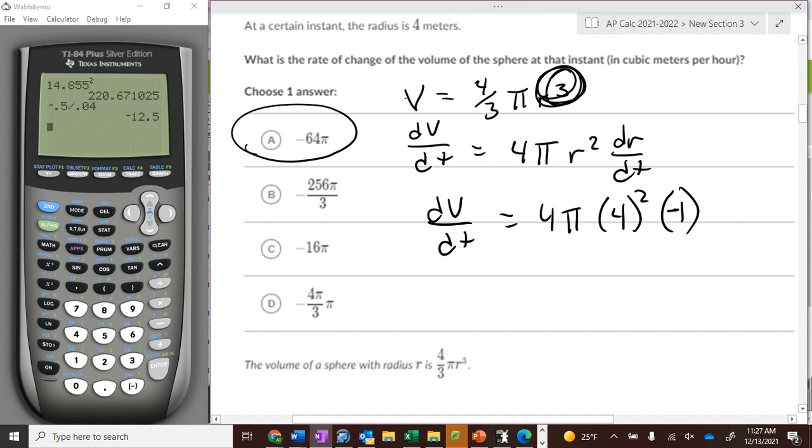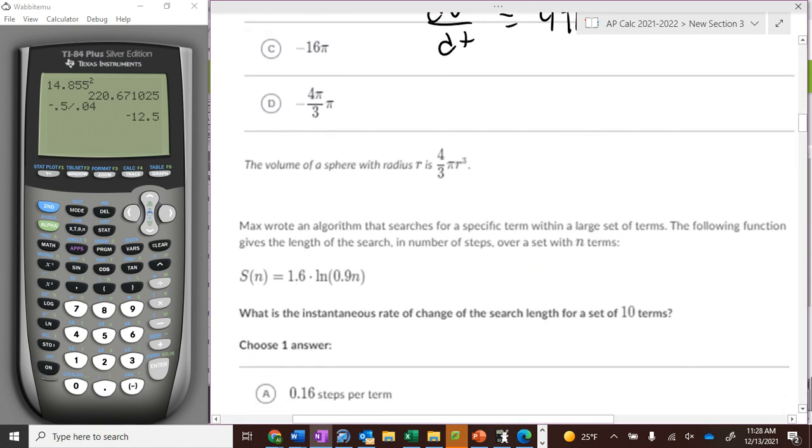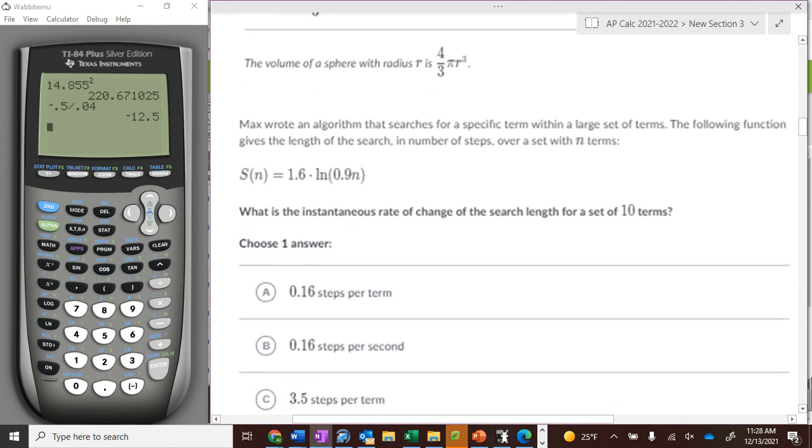What is this thing, Nate Ricky? Oh. Not the chain rule, the power rule. You got it. All right. So that would be the power rule, not chain rule. Oh, I actually knew the answer already.